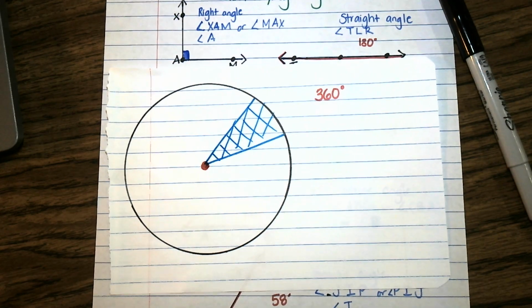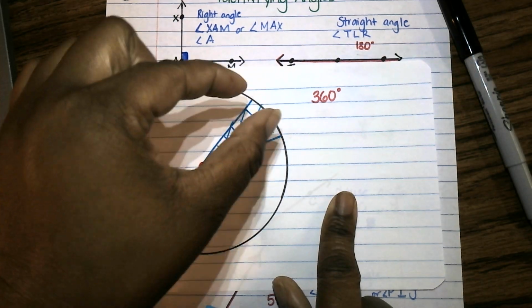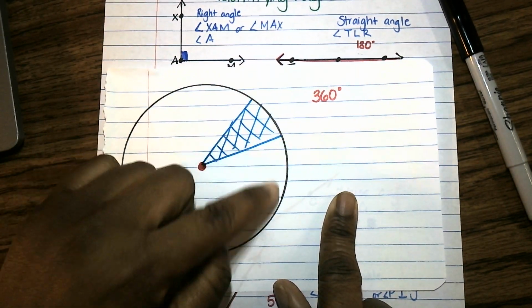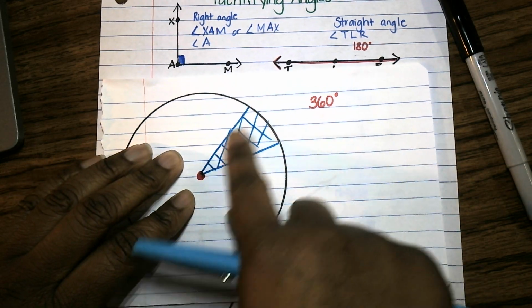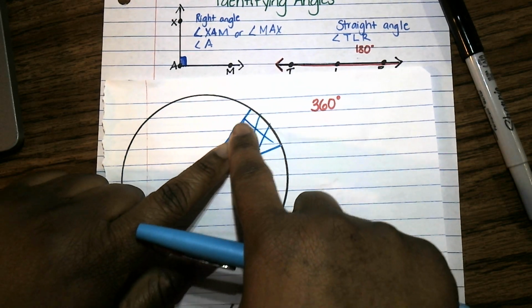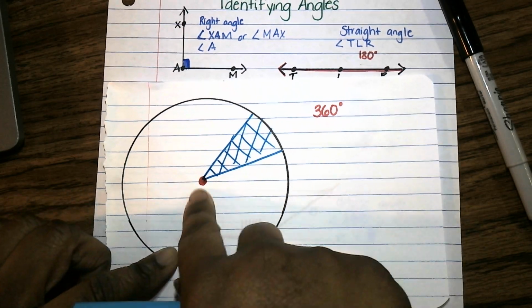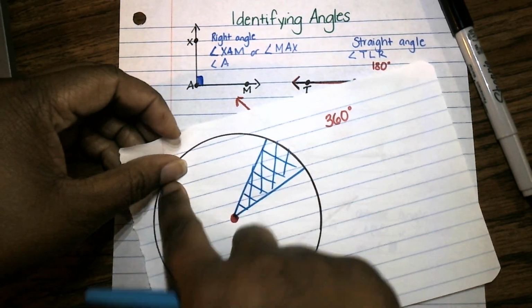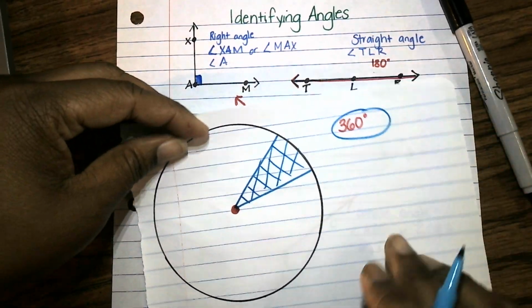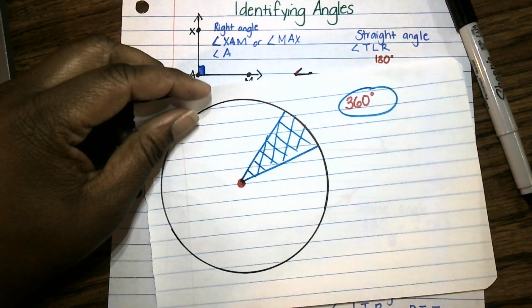So the angles are like slices of pizza. They can be different sizes, right? So an angle is part of a whole circle, okay? And all of these angles, when you add them up, especially if it's multiple ones, they're going to all add up to this whole total of 360 degrees. So everything has this little part.